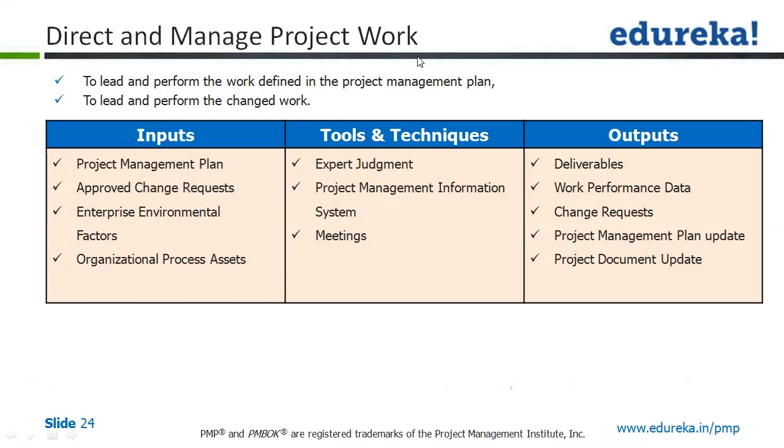Because once you know of the various subsidiary plans, and the outputs from various other processes that we discussed some time back, you will try to integrate all those plans back in one place. So there would for sure be a need for certain changes, and that is where those approved change requests come into play.